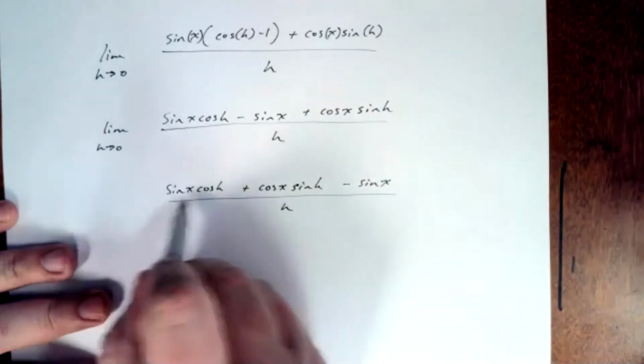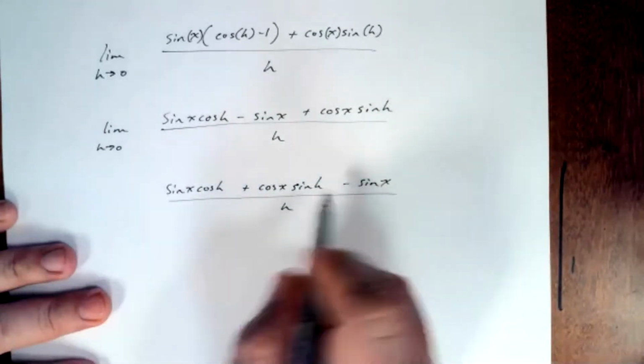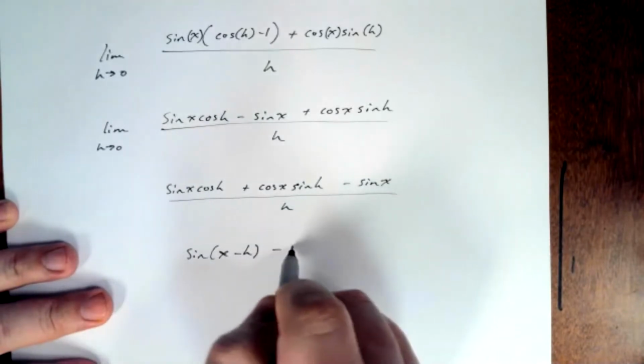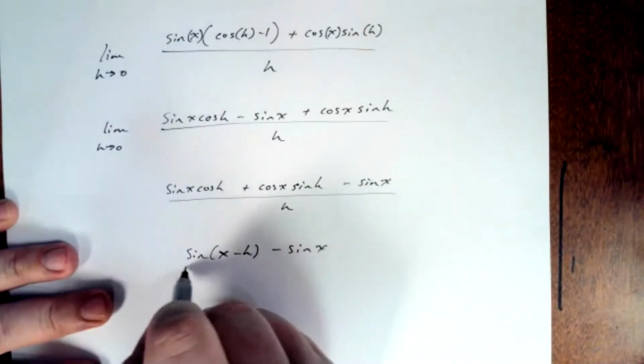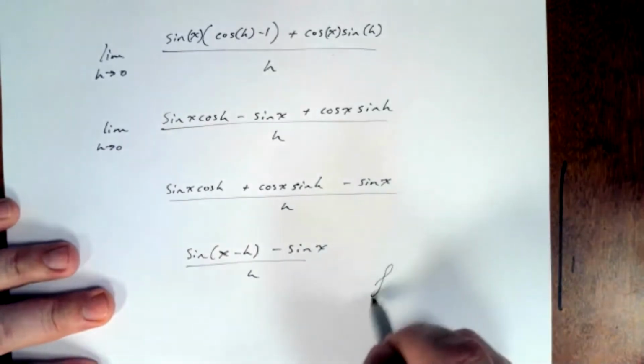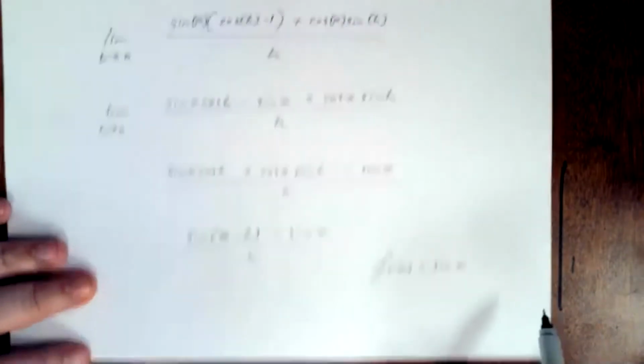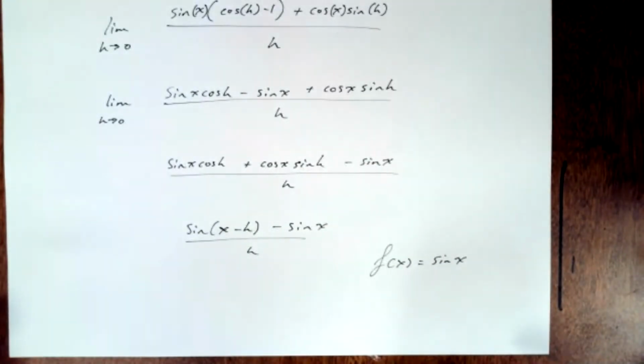And now this is, if you look very carefully, cosine, cosine, cosine, sine is the sine of x minus h minus the sine of x. So f of x is sine of x. Okay, but in fact, this allows us to come up here and do an important thing.